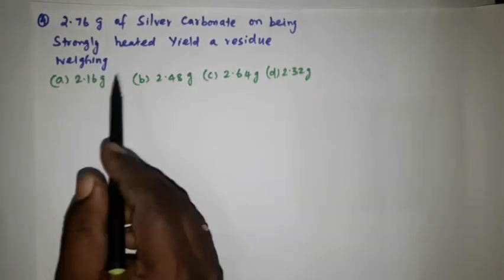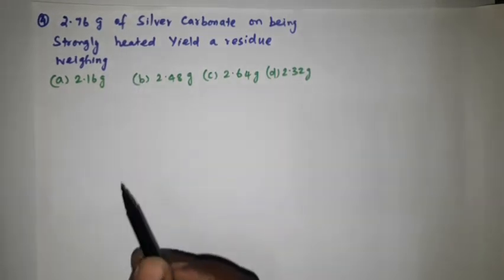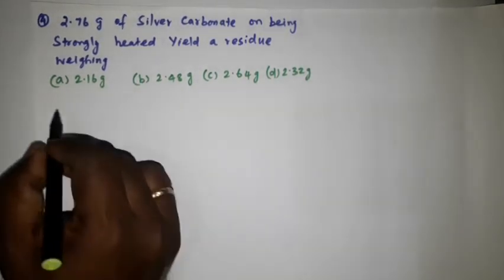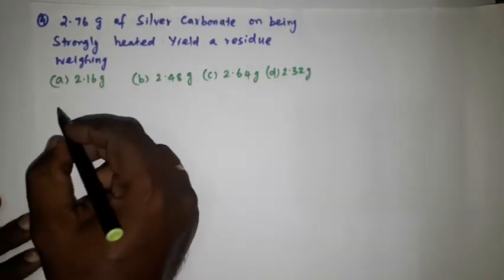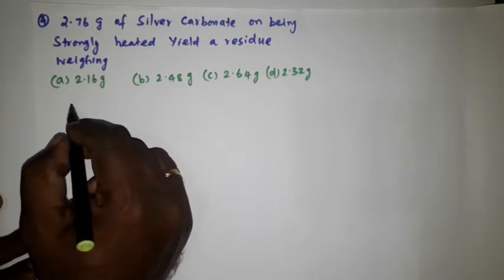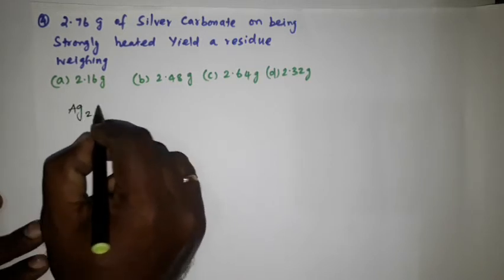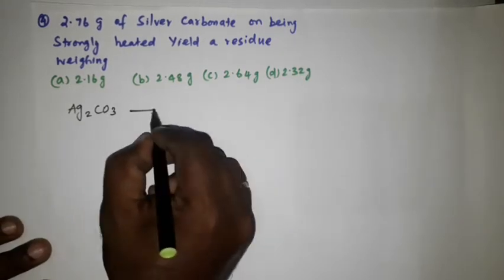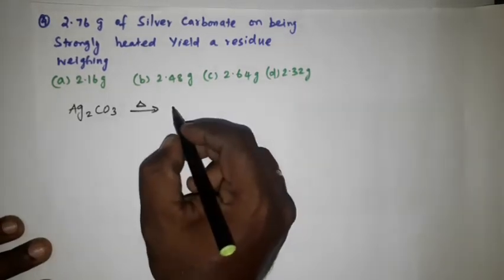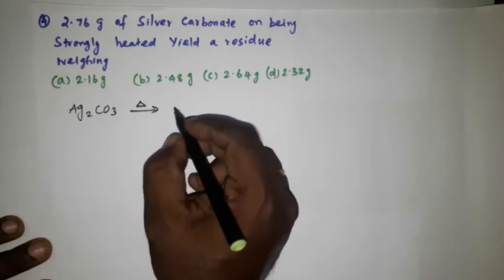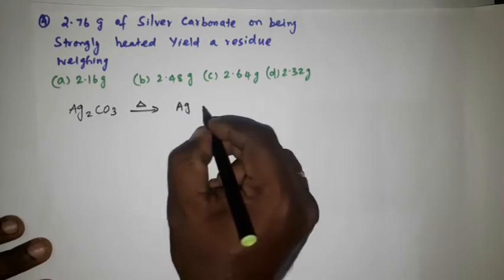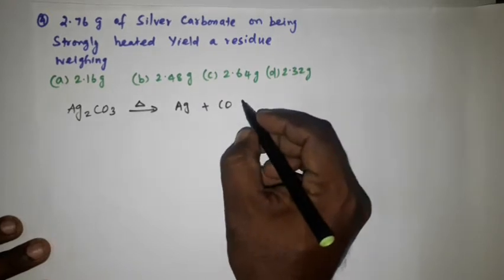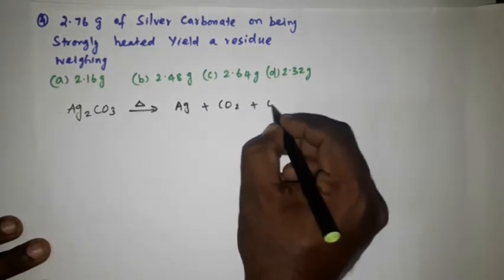Then that residue weighs how much? Silver carbonate, that formula is Ag2CO3. You are going to heat it strongly, then what will be the remaining product? Silver plus carbon dioxide plus oxygen.